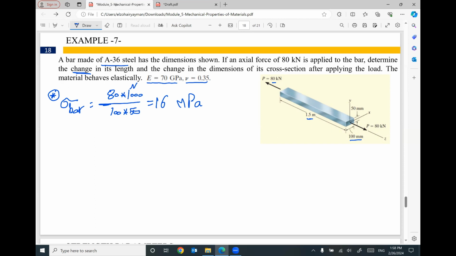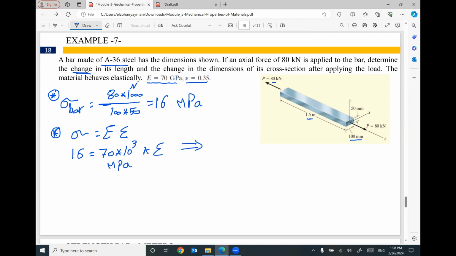We use Hooke's law, stress equals Young's modulus times strain. So the stress equals 16 megapascal, Young's modulus equals 70 gigapascal. I'm going to multiply it by 1000 to be in megapascal, times strain.